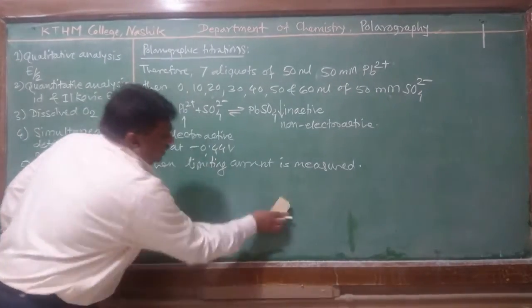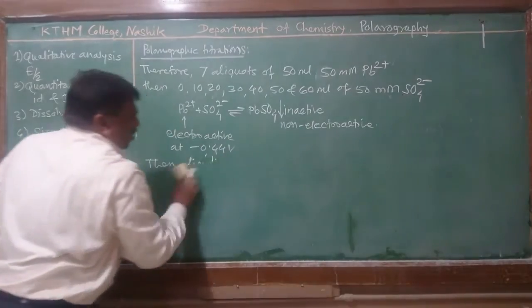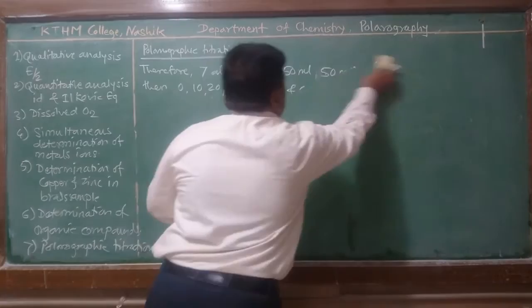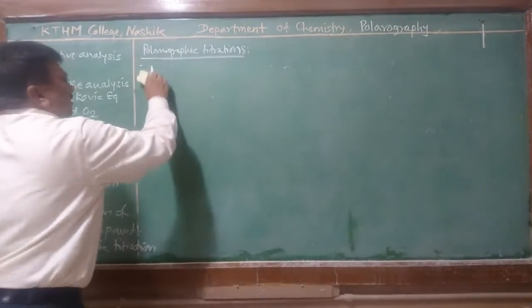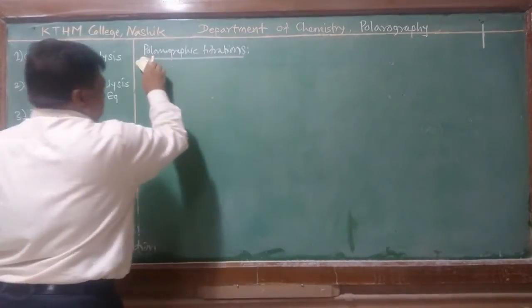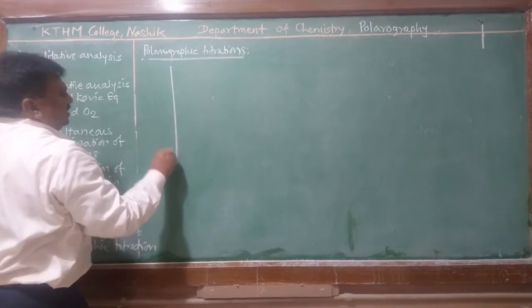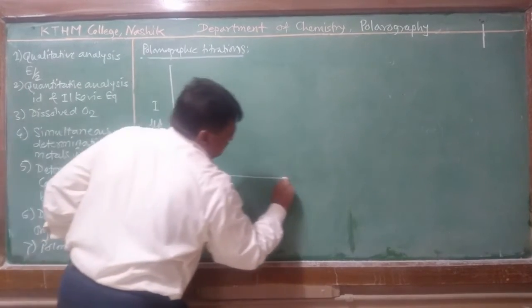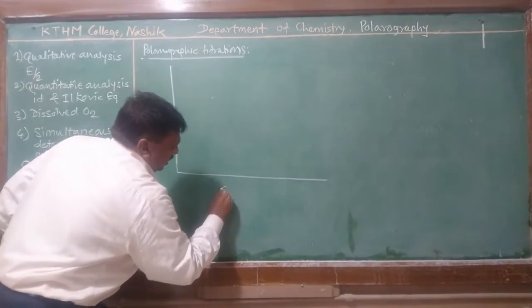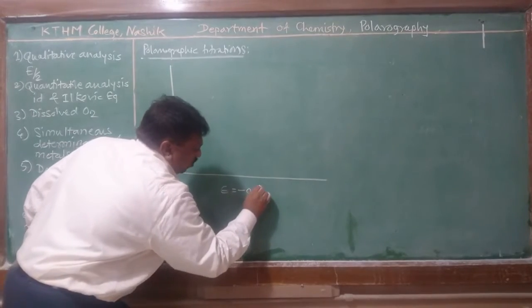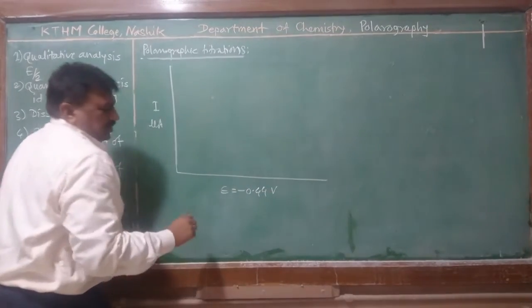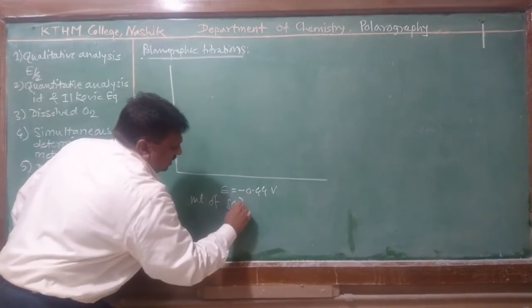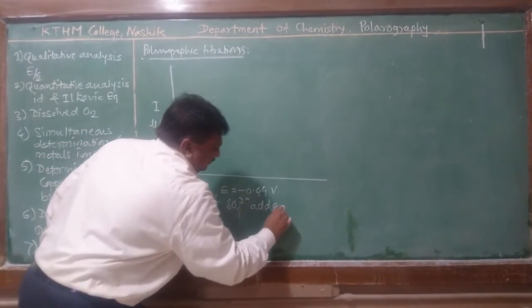When diffusion current or limiting current is measured and we obtain a polarogram, that polarogram has an appearance like this. In this case, current in microamperes versus EMF equal to minus 0.44 volt versus ml of sulfate ion added.